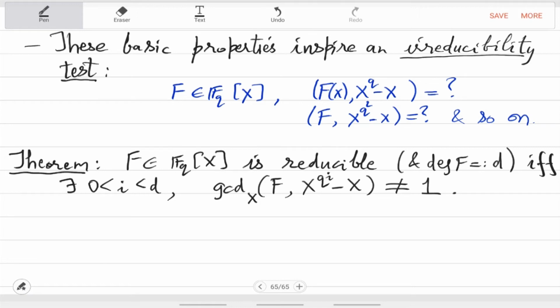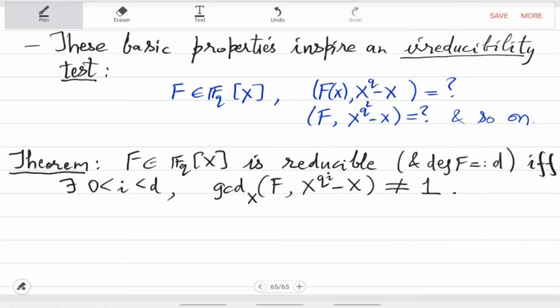If big F has a non-trivial factor, then the GCD will not be 1, and if the GCD is not 1, then there will be an irreducible factor. In fact, just the GCD operation will give you a factor of big F. It's a constructive proof.